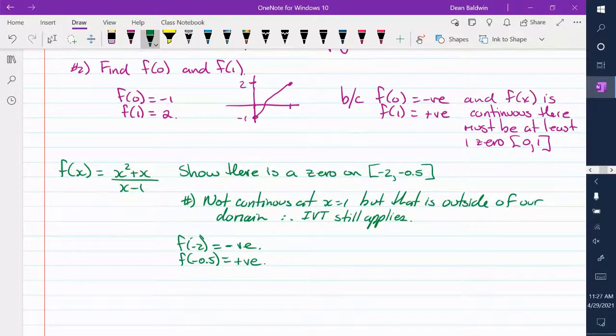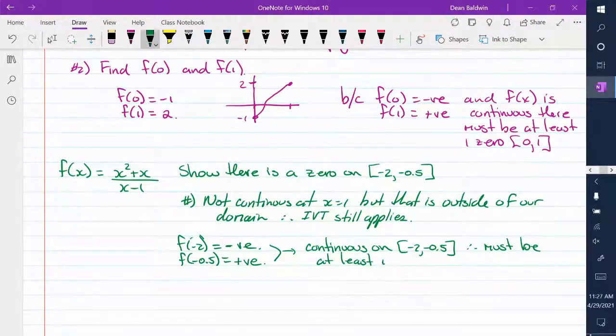So since one is positive, one is negative, and the function is continuous on our interval, right? There must be at least 1 x-intercept.